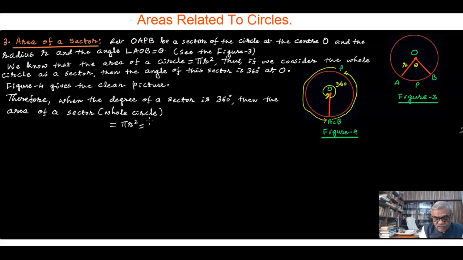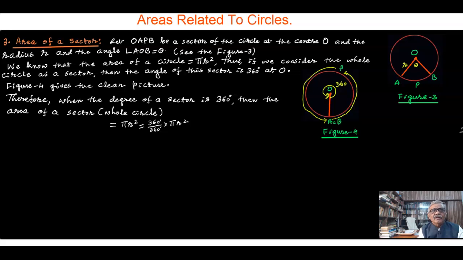In this fashion, I would like to write the same thing as 360 by 360 into pi r squared. The same one I have written for the sake of convincing you about the area of the sector of the circle.